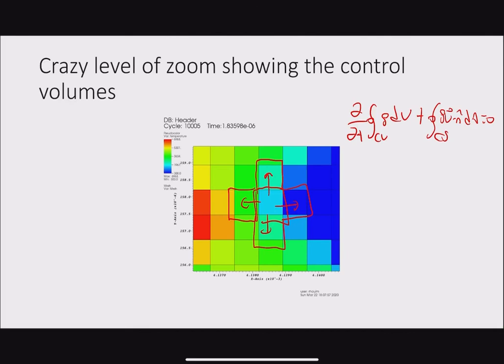And it does the same thing for conservation of momentum and conservation of energy. But still, the basic principles that you guys have learned are at play in these CFD codes.